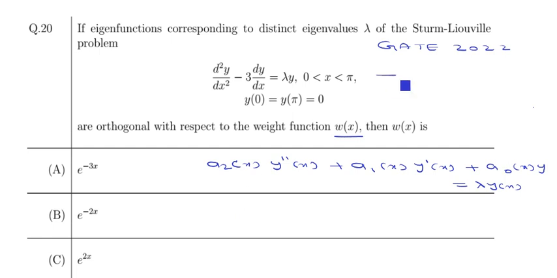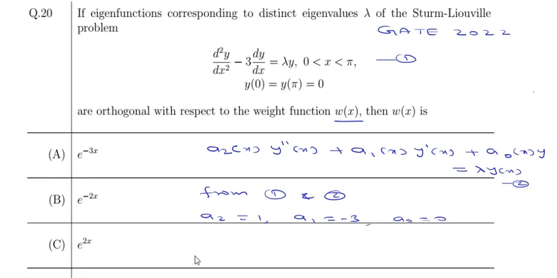So comparing these two equations, from 1 and 2, we have a2 equal to 1 and a1 equal to minus 3, a0 equal to 0. So the formula to find the weight function is w of x is equal to e power integral of (a1 of x minus a2 dash of x) divided by a2 of x. So this is the formula.